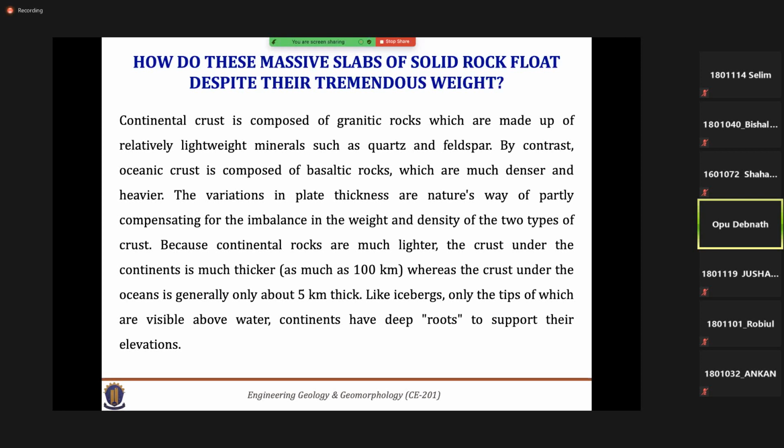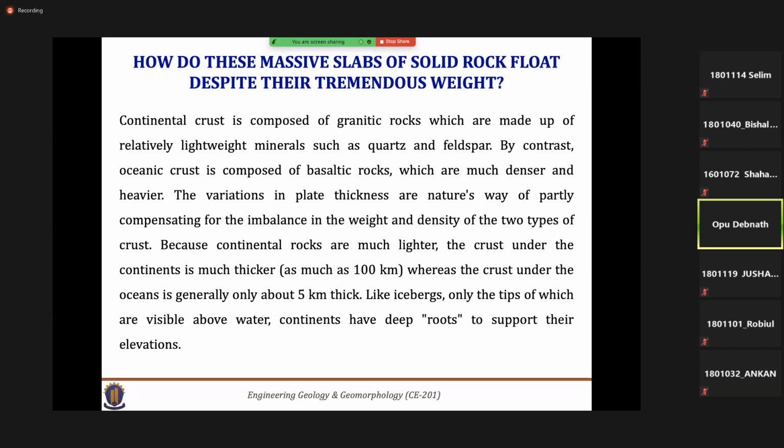So the question may arise: these plates have a tremendous weight, very dense geological layers, sometimes 5 or 10 kilometers thick. What is the force, and what is the technique, and which points will decide which one will converge towards another, or which one will go up and which one will go beneath? This is the big question.